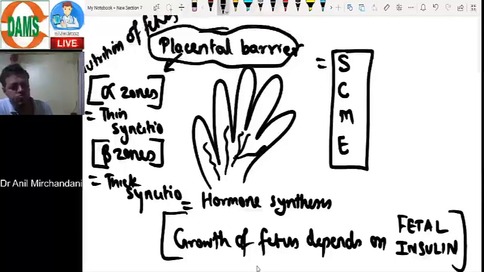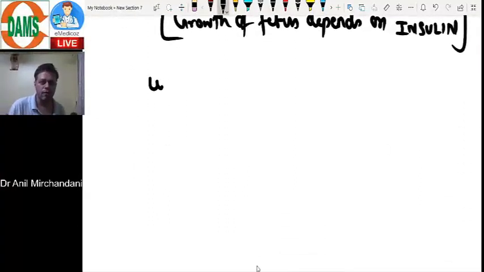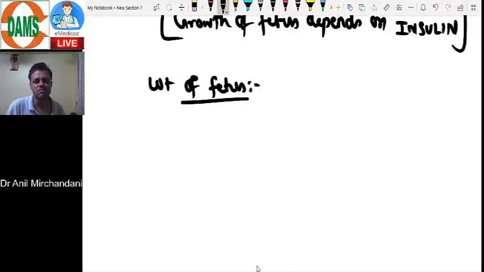They are large, they are huge, because mother's glucose, which is in excess, has crossed the placenta and has gone to the baby's body. Baby has produced its own insulin because insulin cannot cross. So insulin produced by baby will cause more growth of baby. So macrosomia would occur.